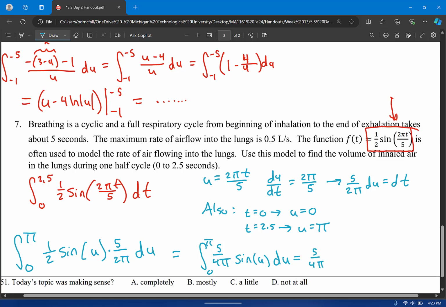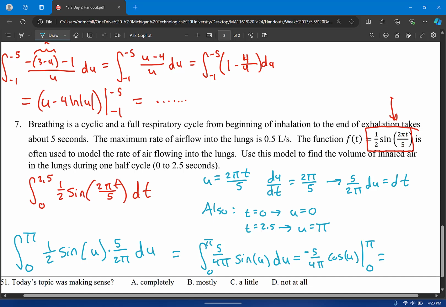The antiderivative of sine is negative cosine, so I'll put the negative up front. Cosine of u. Plug in u equal to pi. Plug in u equal to 0. And subtract the two. Cosine of pi is -1. Cosine of 0 is 1. So you get a negative 5 over 4 pi minus a negative.